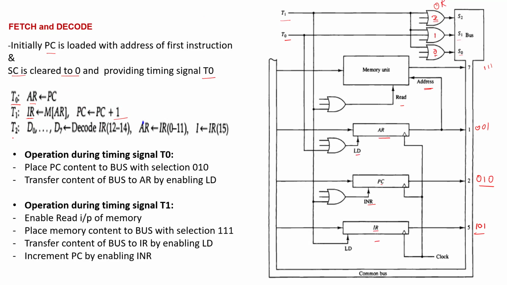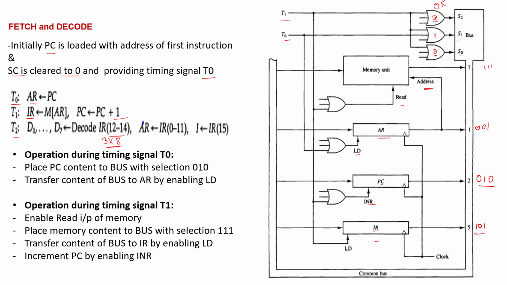Again, during timing cycle T2, the instruction register will be decoded. We have seen that these 3 bits, 12, 13, 14, are given to the decoder. The decoder size is what? 3 cross 8. On the basis of the decoder output, it will be decided which type of operation will be executed.